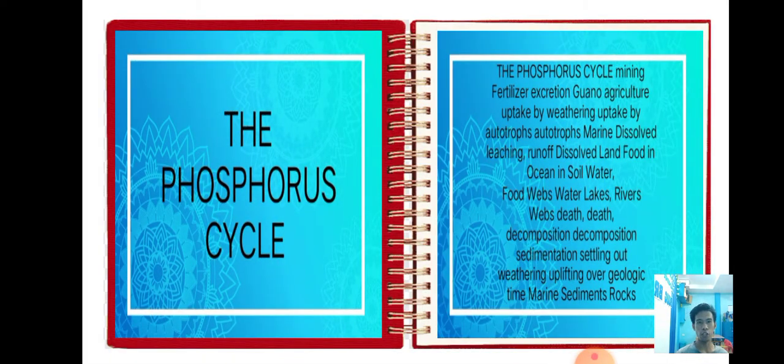And we have also the phosphorus cycle. This phosphorus cycle includes mining, excretion, agriculture, uptake by weathering, uptake by autotrophs, marine dissolved phosphate, leaching, runoff, dissolved phosphate in ocean and soil water, which include food webs, lakes, rivers, death, decomposition, sedimentation, settling out, and weathering, uplifting over geologic time, marine sediment rocks.